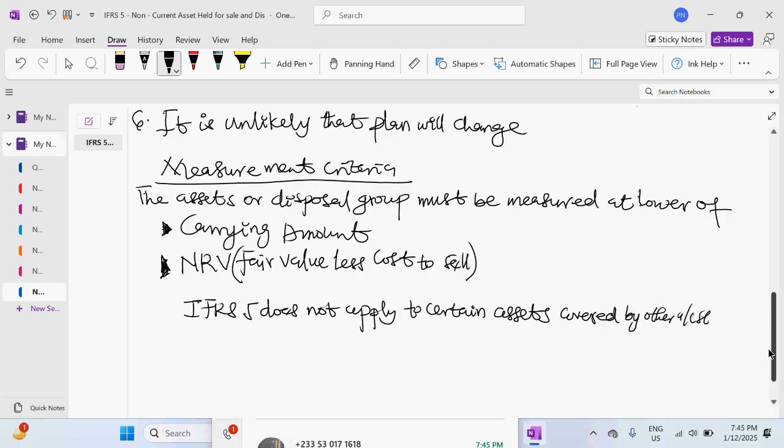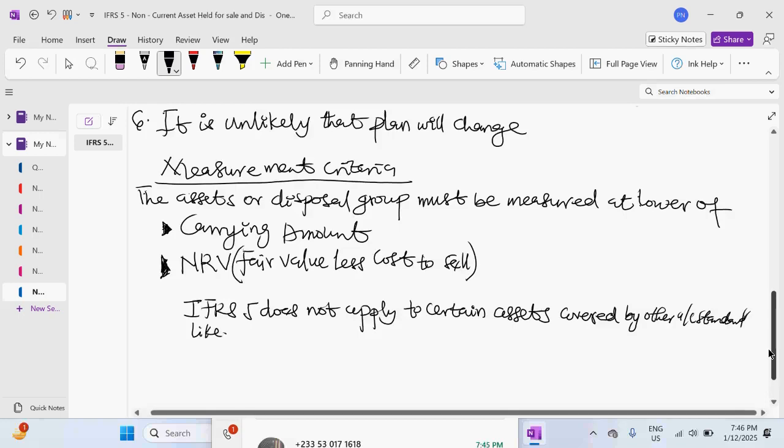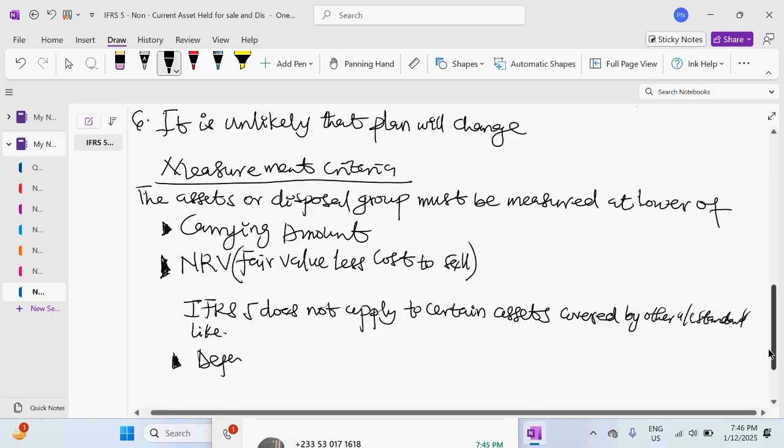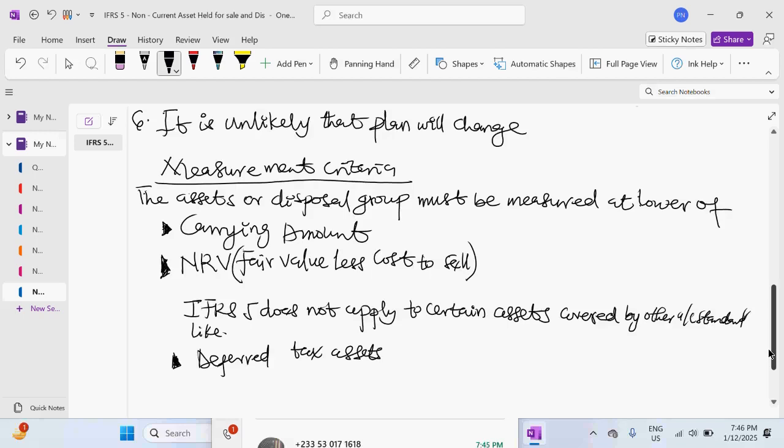Like what are they? So IFRS 5 does not apply to deferred tax assets, and that is IAS, that will be under income tax.